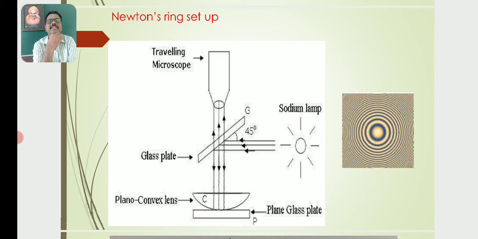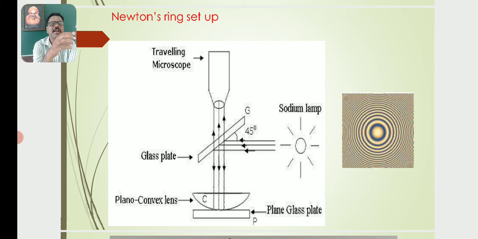Now you see the Newton's rings setup. Usually a plano-convex lens of large radius of curvature is placed on a plane glass plate such that an air film is formed between the lower surface of the lens and the upper surface of the glass plate. The thickness of the air film increases from the center to the edge of the lens on either side.